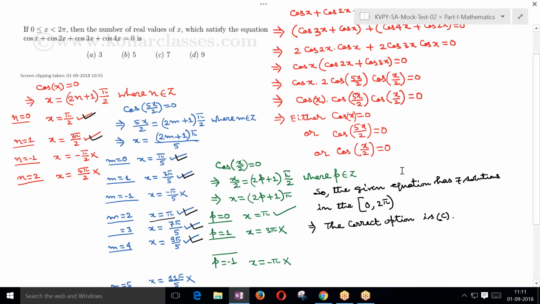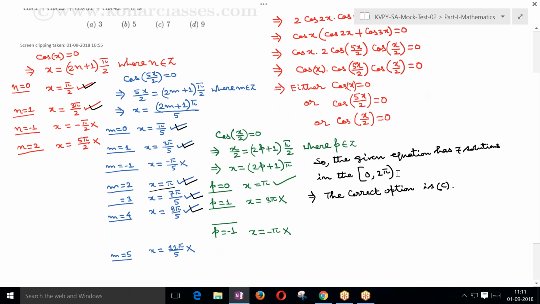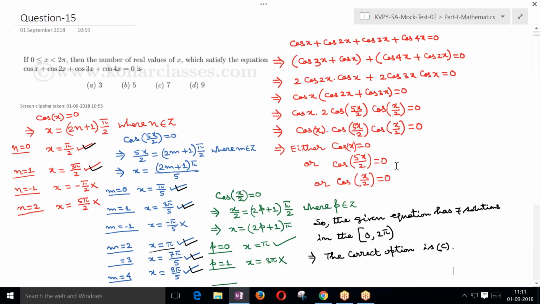So I hope you liked the solution the way I explained. By one example we have covered a great portion of trigonometric equations, and there are several other cases also, but this is the way to find specific solutions in a given range from a general solution.